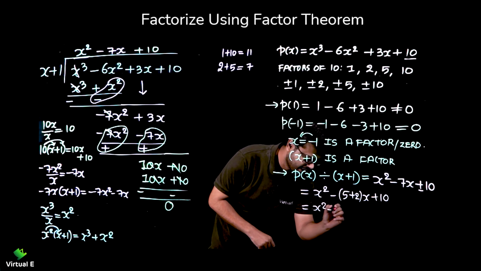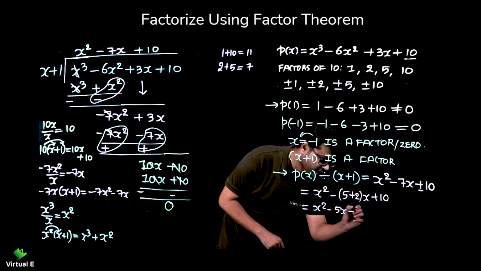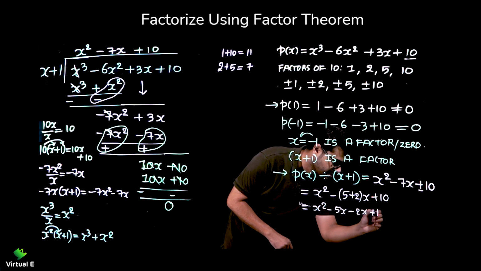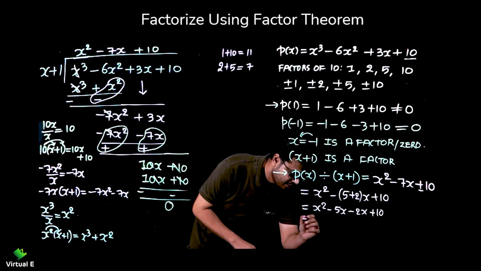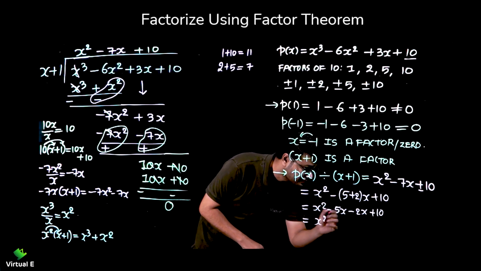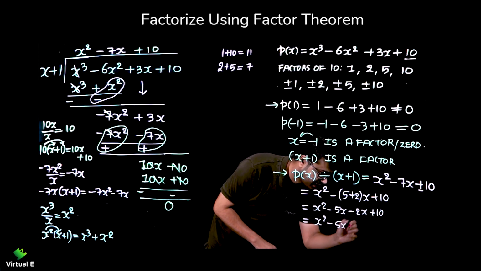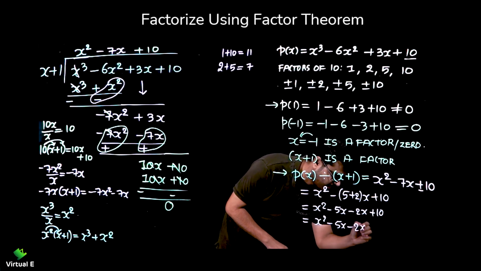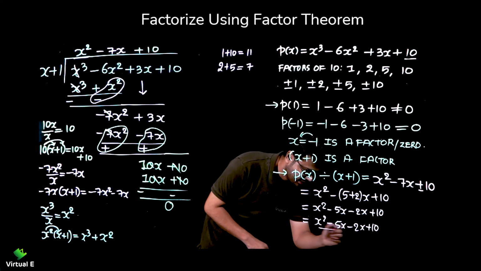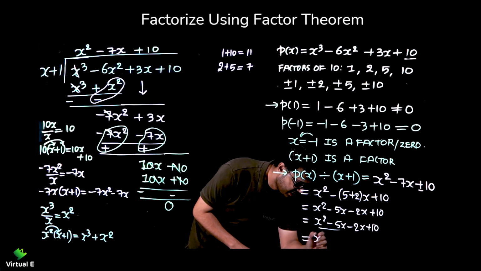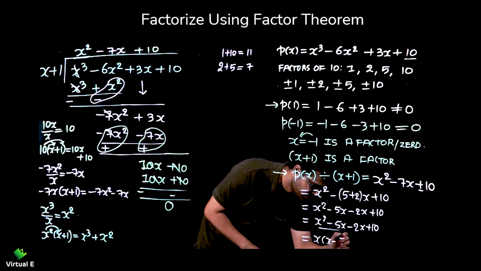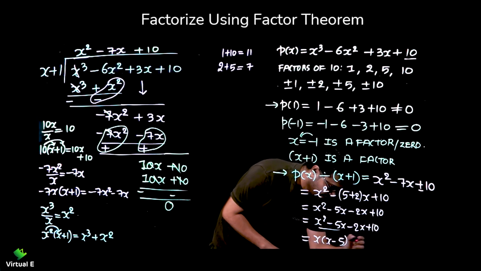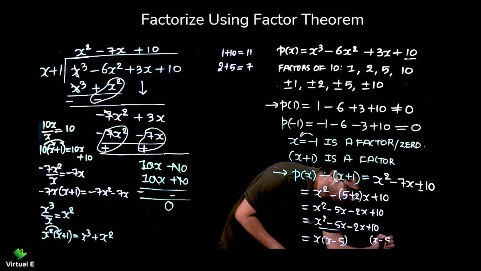Let's open the bracket, minus sign will be given to each of them, plus 10. Here x square minus 5x, and here let's write one more time. Let's take the things common. So here x will be there, so x minus 5, and here also x minus 5 should be there.